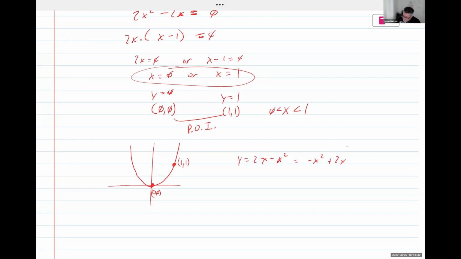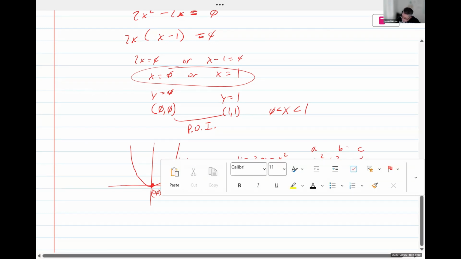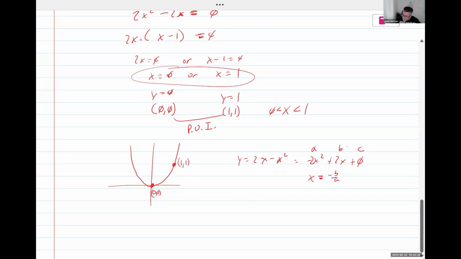I also know where the vertex is, because if I write it like this, it's a, b, c. And I know that the x coordinate of the vertex is at negative b over a. And if I take this down here, this should be a negative 2x. I'm sorry, I miswrote that.